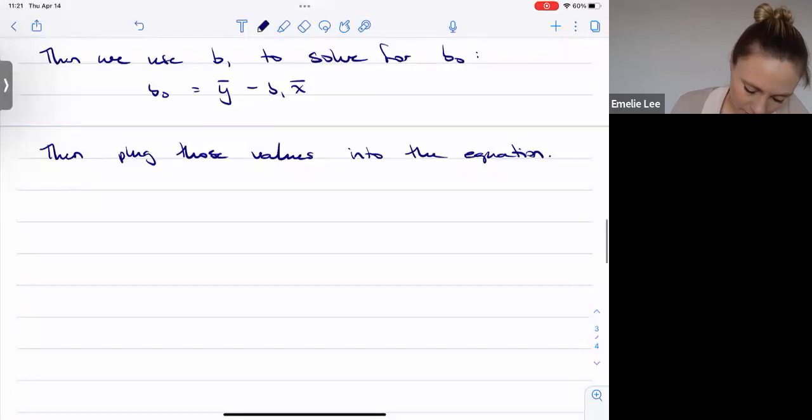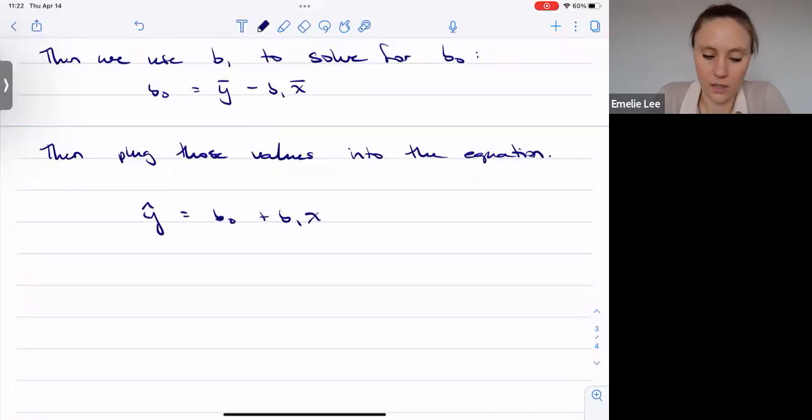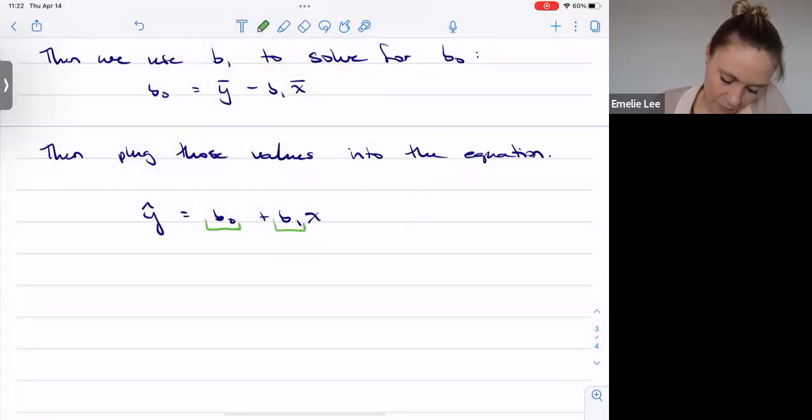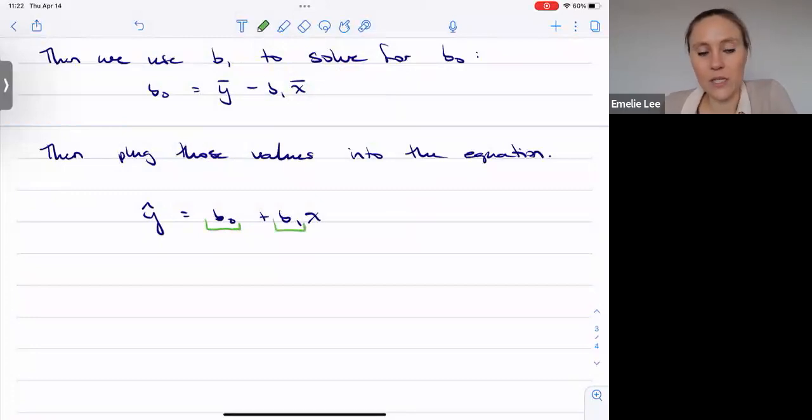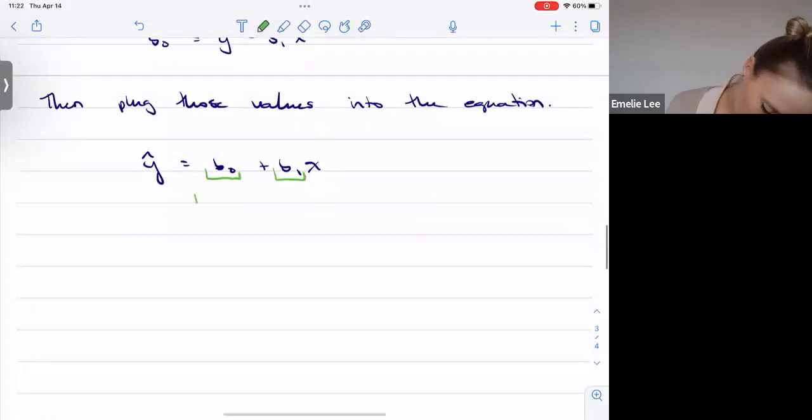So Y hat is B0 plus B1X. These two, B1 and B0, are replaced by numbers.